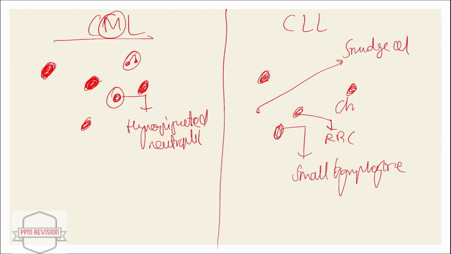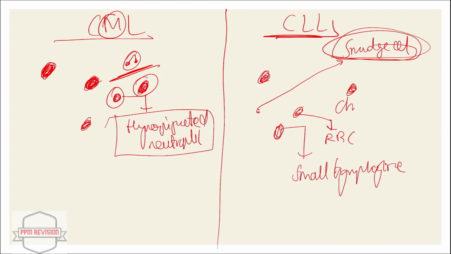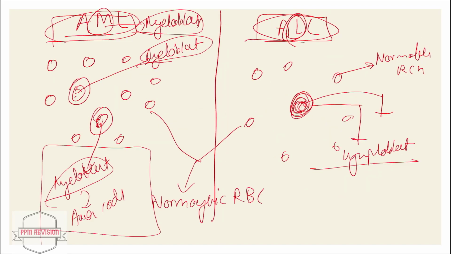So in CML, we can see the hyperpigmented neutrophil, the RBC, and the neutrophil, the same neutrophil. Here in CLL we can see the presence of smudge cell. Smudge cell is a characteristic of CLL. Smudge cells as well as small lymphocytes can also be noted.